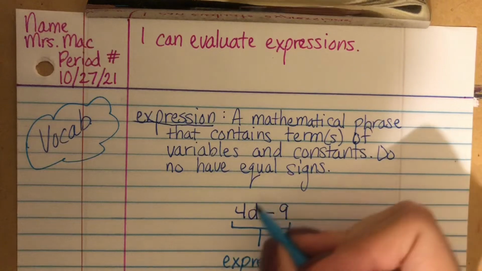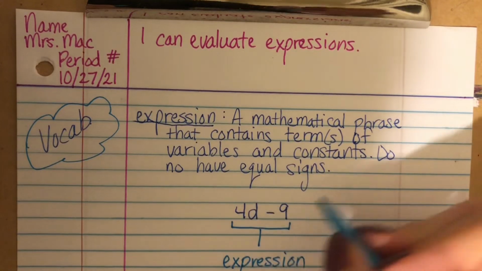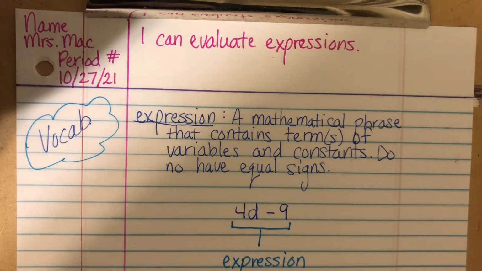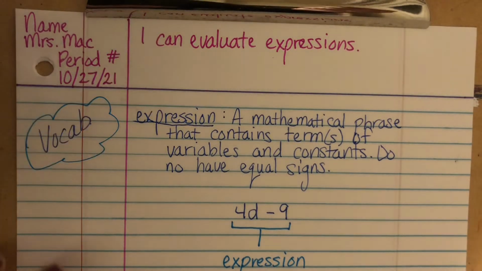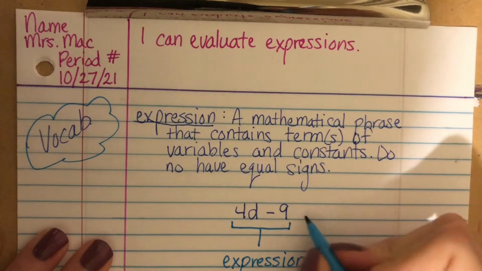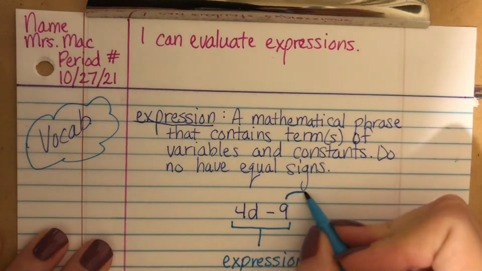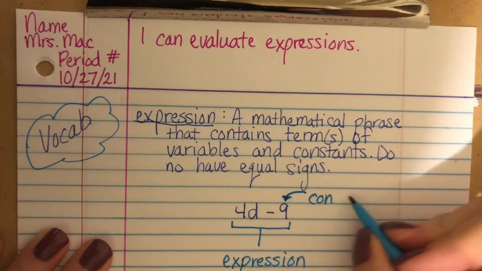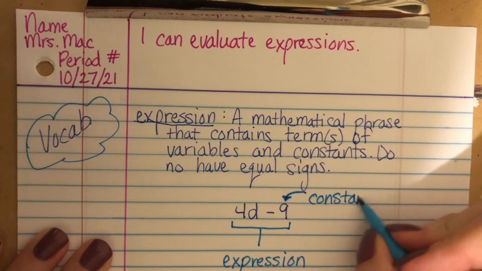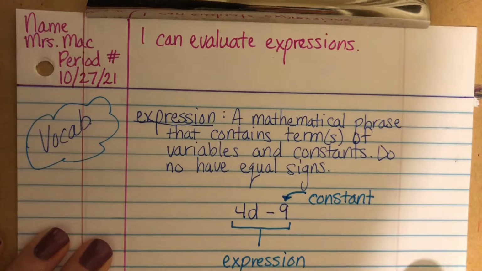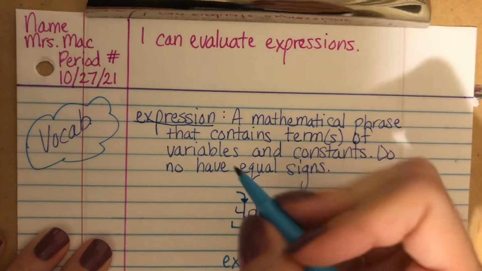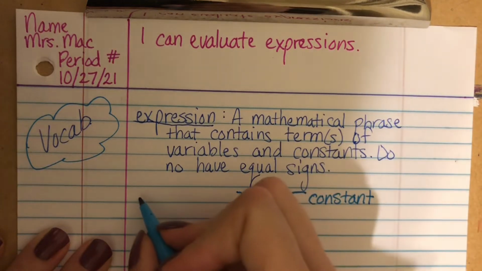Now, these two things are considered terms. Terms are separated by addition and subtraction symbols, okay? So this right here is a constant. And this right here is a variable term because it has a variable in it, it has a D in it.